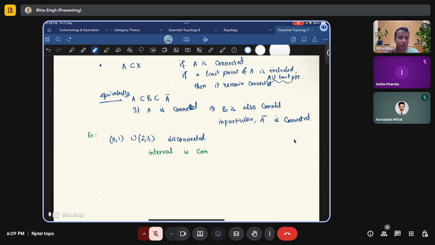R can also be thought of as an interval because R can be written as the open interval minus infinity, comma infinity. Even a singleton set can be written as closed [a, a]. Sometimes this may not be allowed, but this is some notation. So an interval is always connected. Take any interval of real numbers. This is connected with respect to the usual topology.